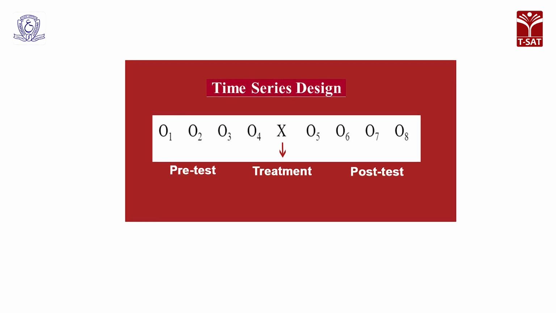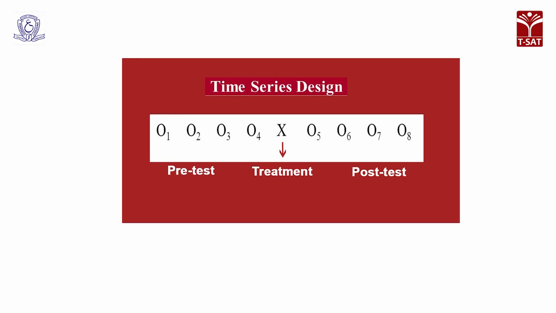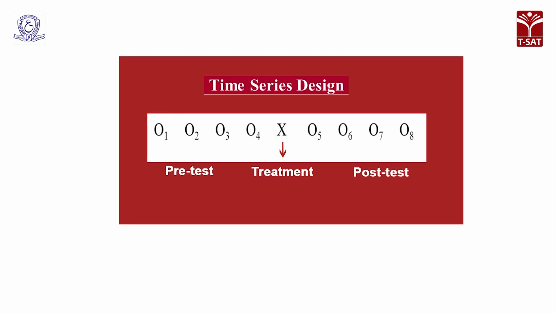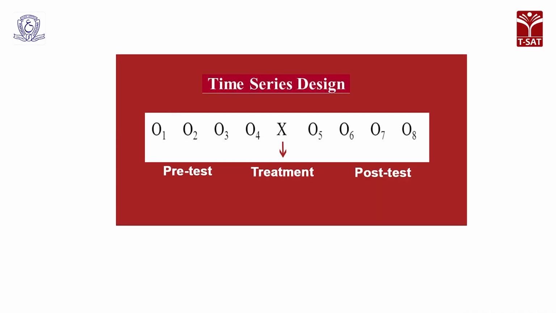Similarly, after the treatment is administered, instead of a one-time post-test, the post-test is administered several times at intervals. This provides data to derive the trend in the change in behavior. Since both pre-test and post-test are used over a time series design, the effect of the treatment on the dependent variable is tested by comparing the trends.